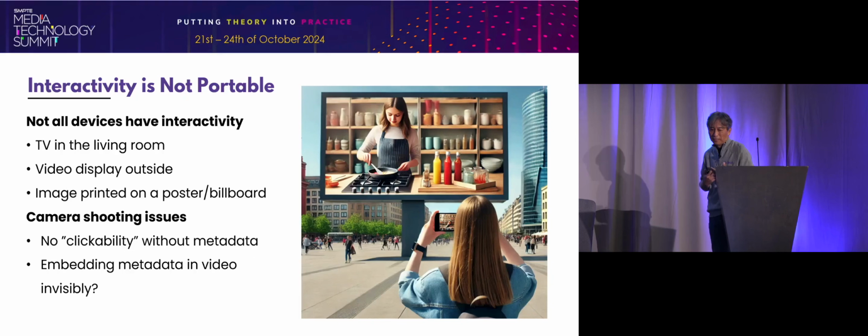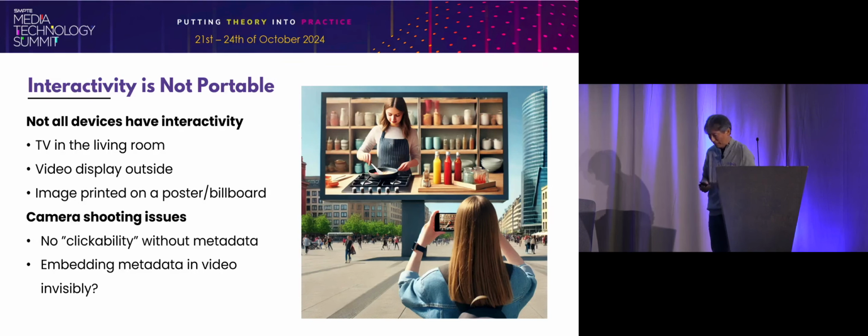You cannot click that object. What you can do is take your cell phone out of your pocket and take a picture of the video. But you cannot really get more information directly from the video. You have to Google search and try to find the exact video to get more information about the product in the video. So the clickability is lost when you take a picture of the video.